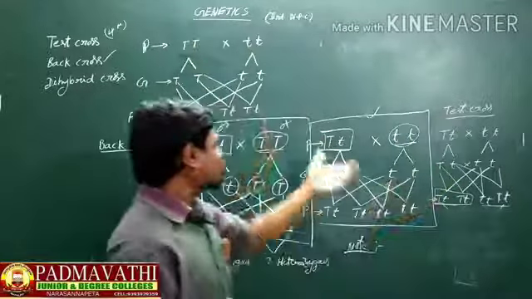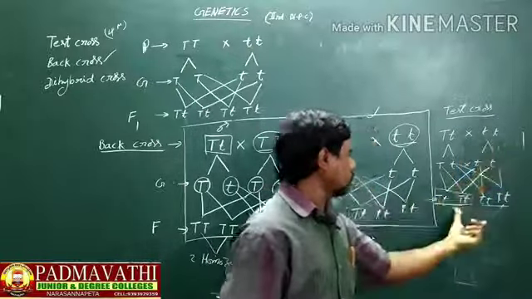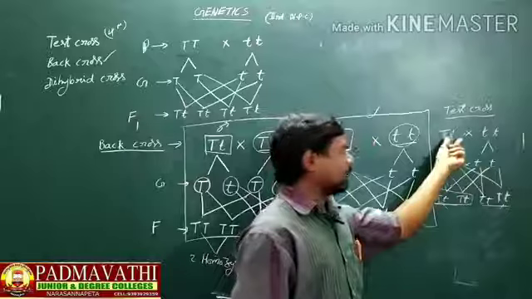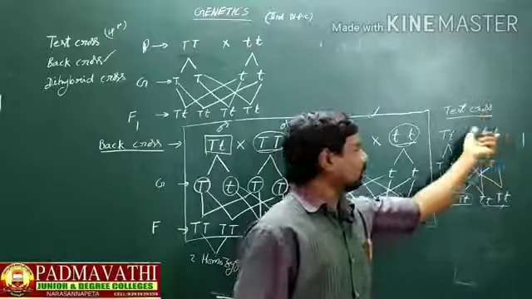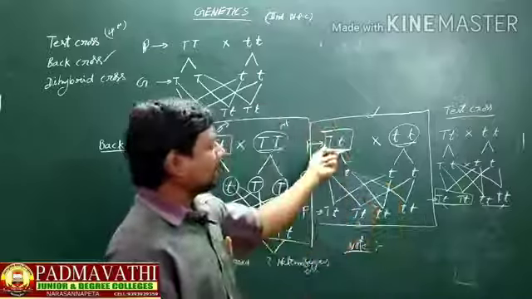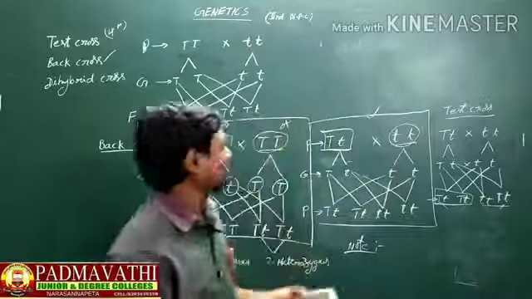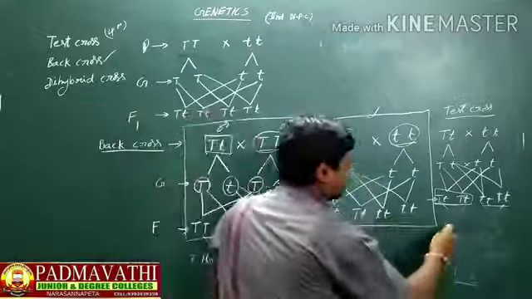So, all back crosses are not test cross, but all test crosses are back cross, because here big T small t, the F1 generation, is crossed with the homozygous recessive parent, and in a back cross also the F1 generation is crossed with a parent. So, it is a very important 4 marks question according to the Punnett square.